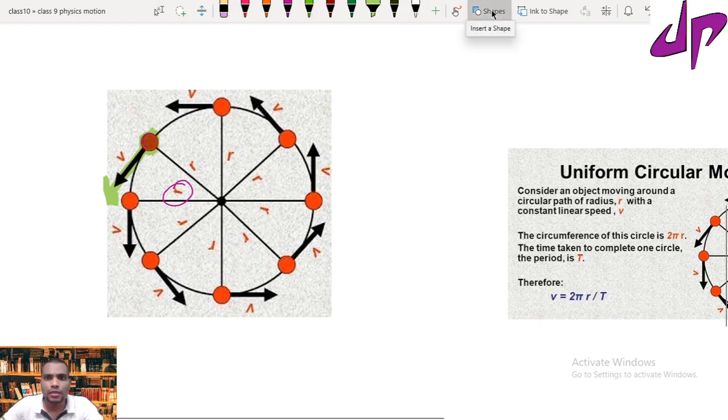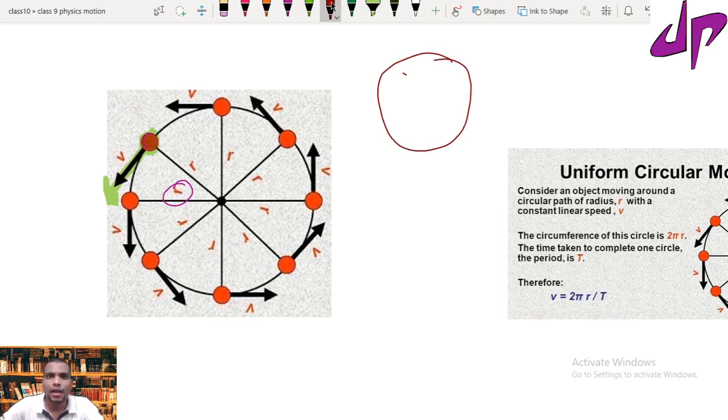Suppose I draw a circle here, and I draw a tangent. Tangent means it touches the circle at a single point. It became a chord. Yeah, let it be a tangent.